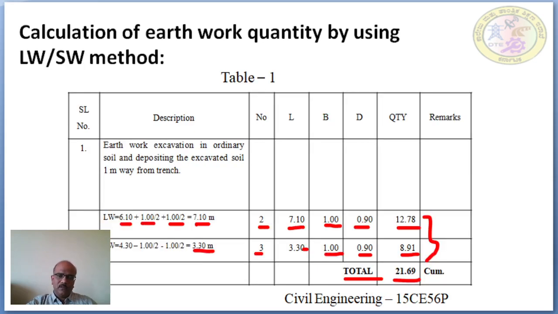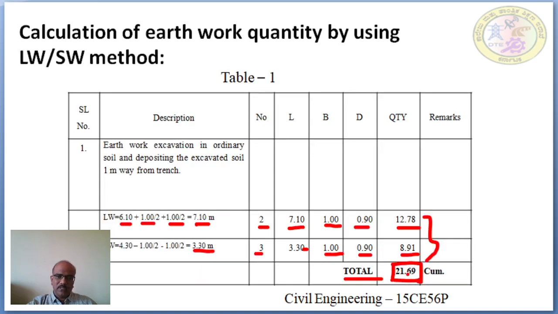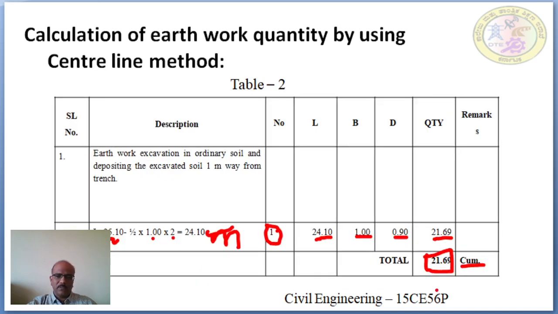When you compare the quantity calculated by the long wall short wall method, it is also 21.69. So the long wall short wall method and the centerline method give the same quantity.